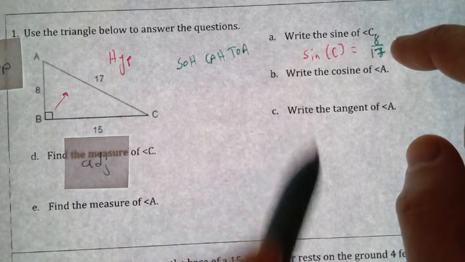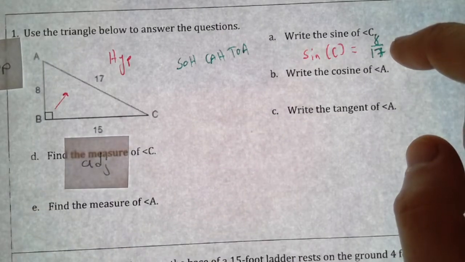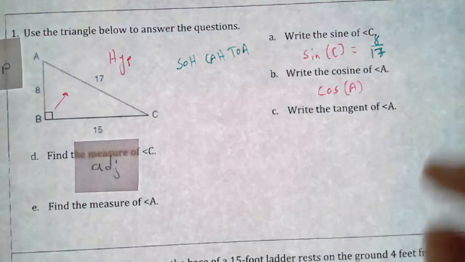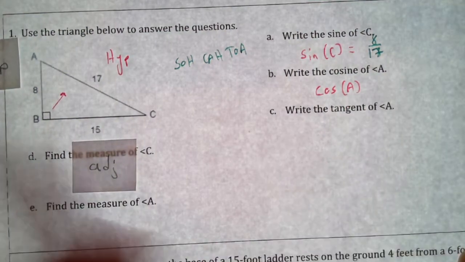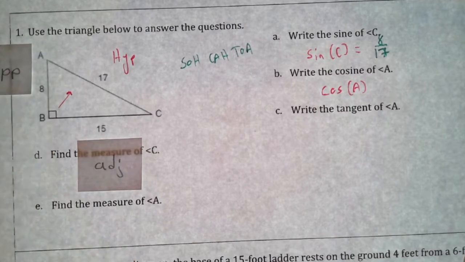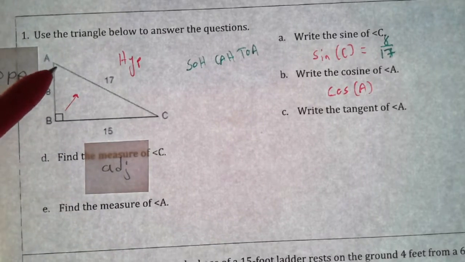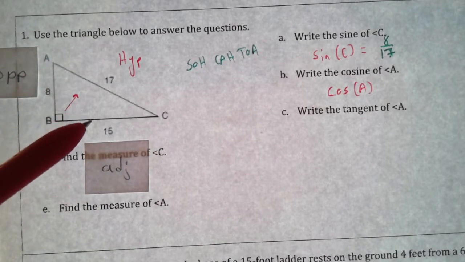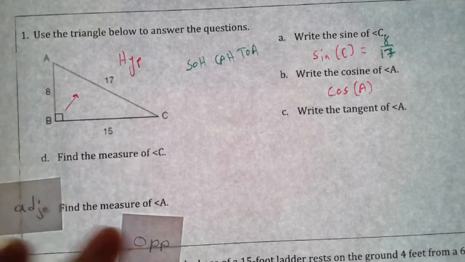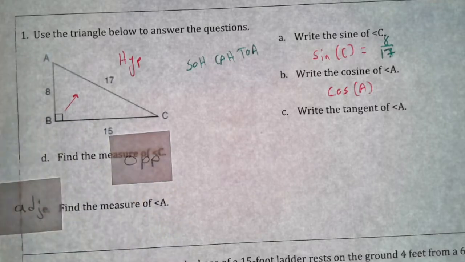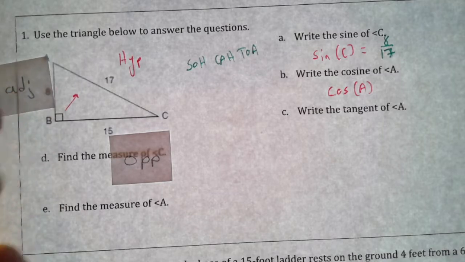Let's do these next two a bit quicker. This time I want the cosine of A. Notice that it's talking about angle A this time, which means I have new opposite and new adjacent. A is over here, so opposite from angle A is actually now the 15, so I can move my opposite down over there. Adjacent is right next to it, but not the hypotenuse, so here's my new adjacent.